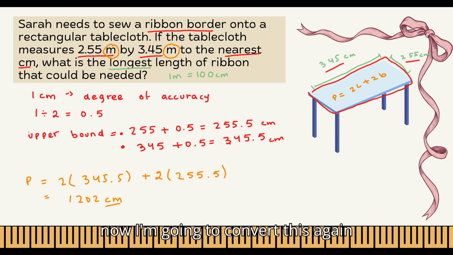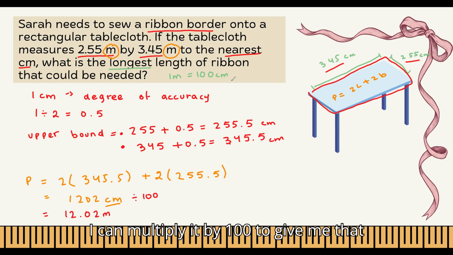So now I'm going to convert this again into meters. So this is going to be 12.02 meters, because I'm going to divide this by 100, like I multiplied it by 100 to give me that number in centimeters. Now again, I'm going to divide it by 100. So my answer is going to be 12.02 meters.